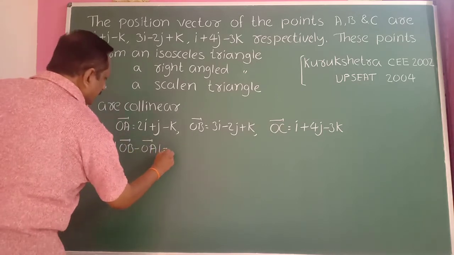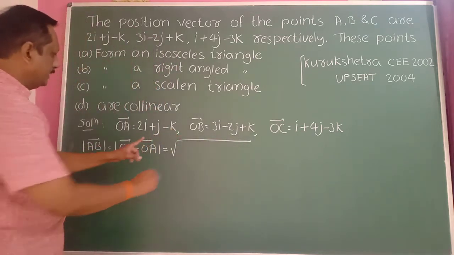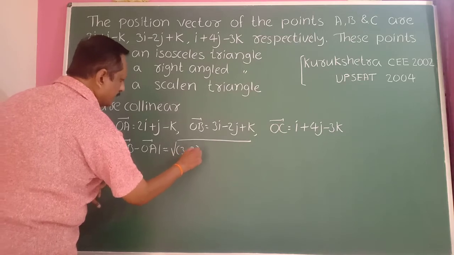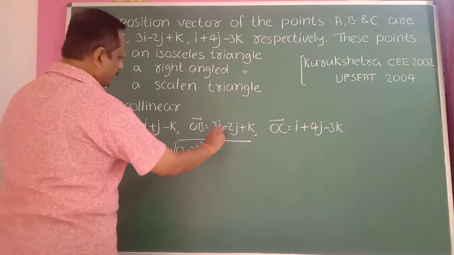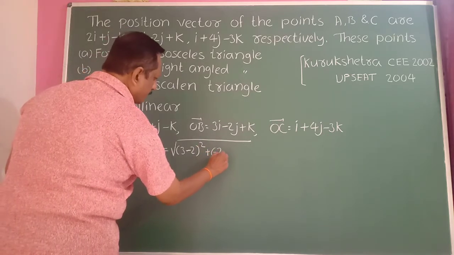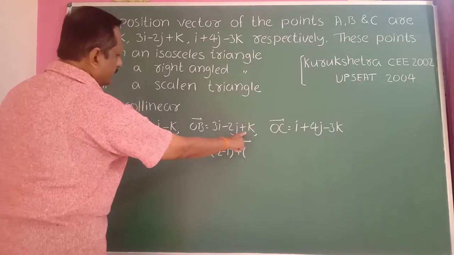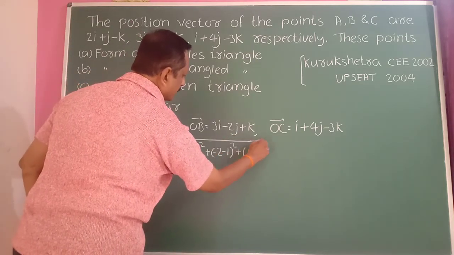This gives root of (3 − 2) squared plus (−2 − 1) squared plus (1 + 1) squared.